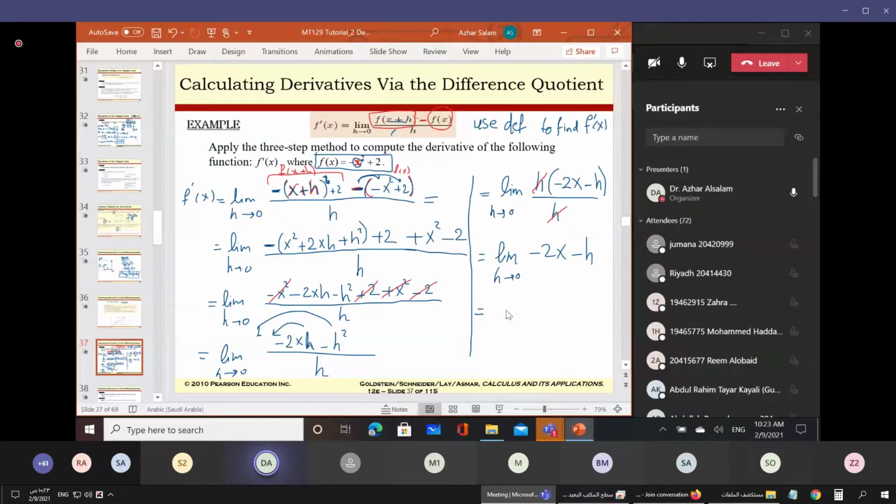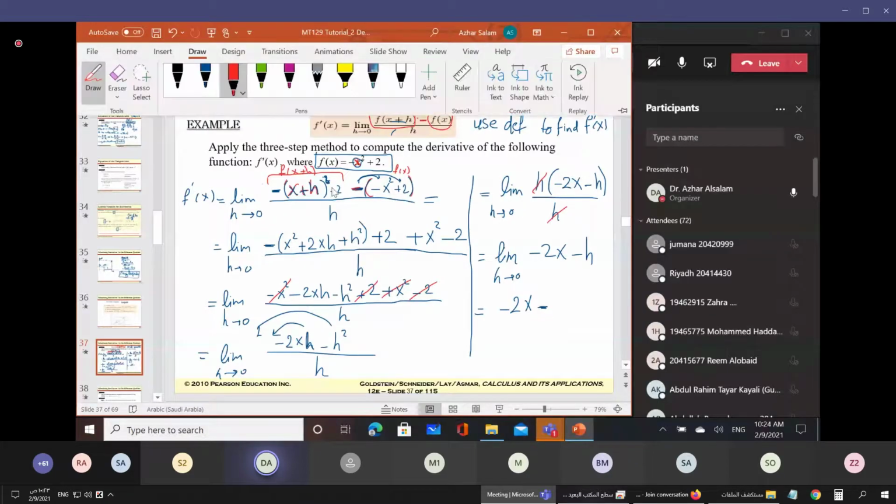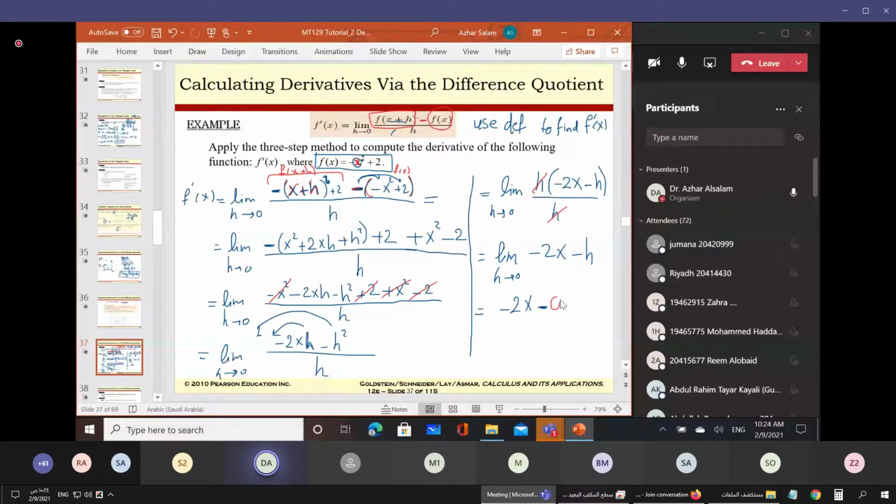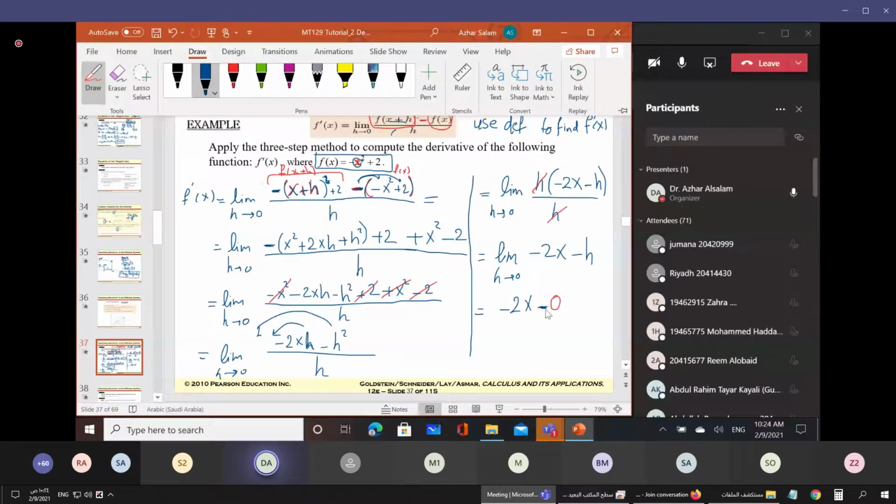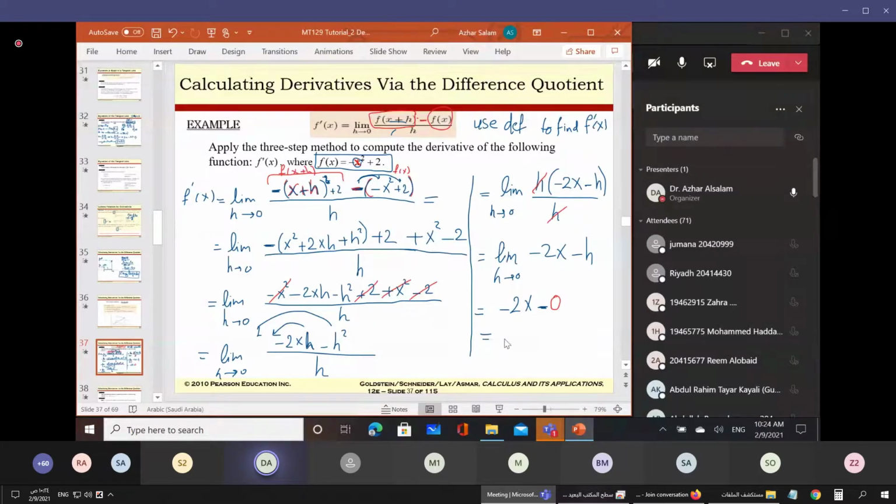This will be minus 2x minus 0. I will substitute h by 0. Okay, so the result will equal minus 2x. This is the value of f dash of x.